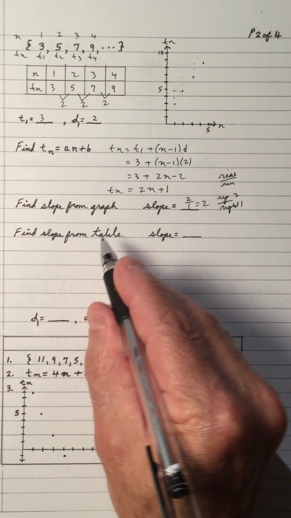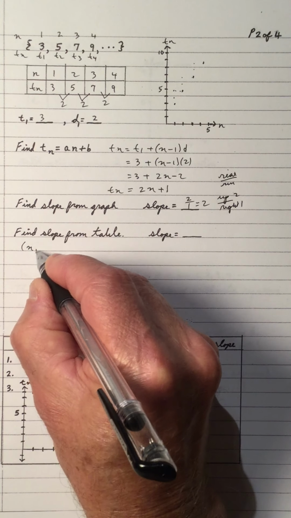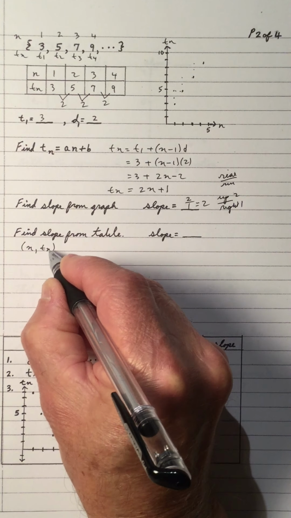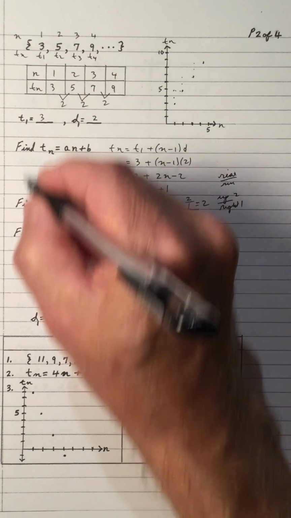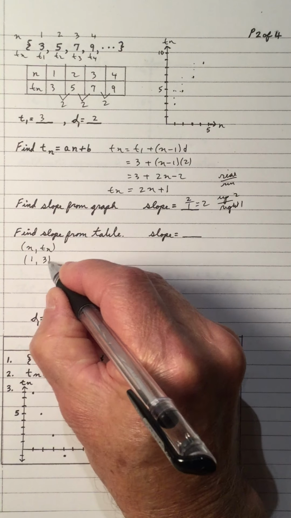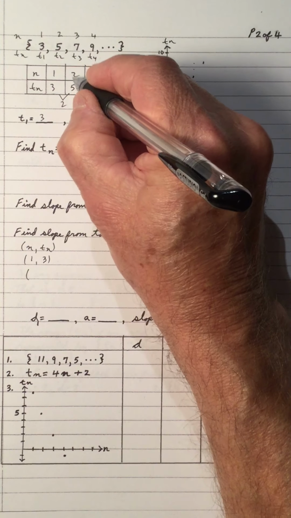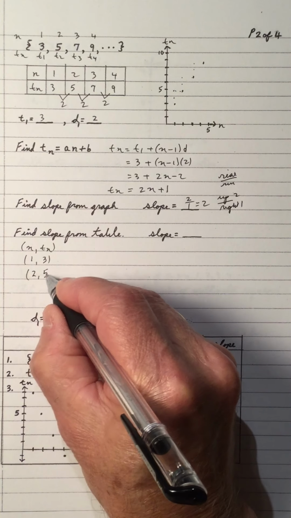Now we do the slope from the table. We remember that n and Tn are the coordinates of the points. When n is 1, T of 1 is 3, and when n is 2, T of 2 is 5.